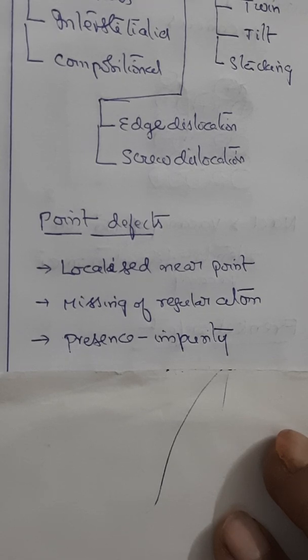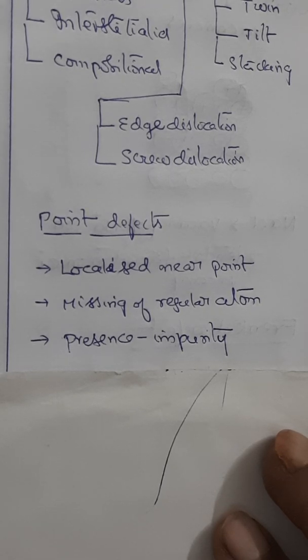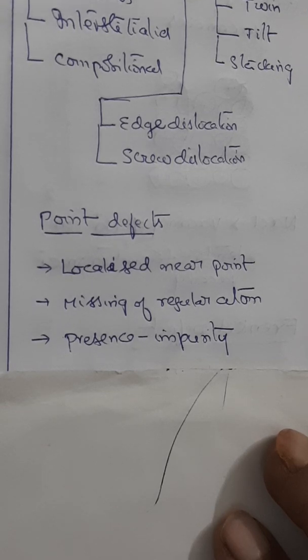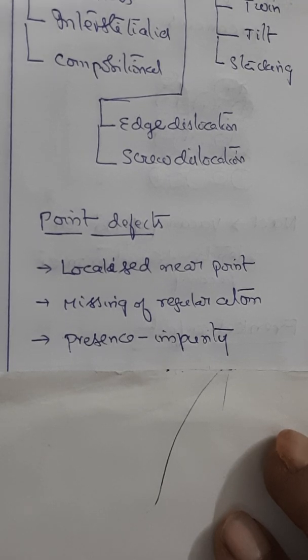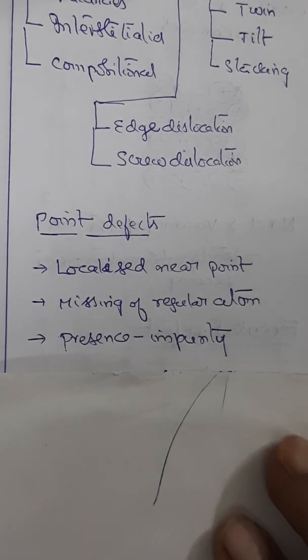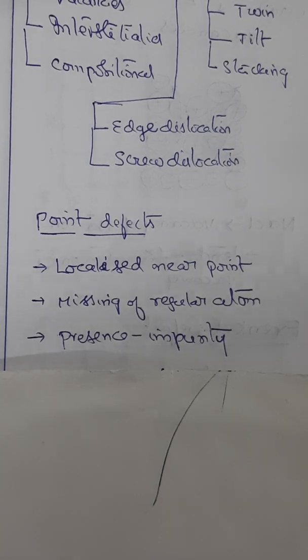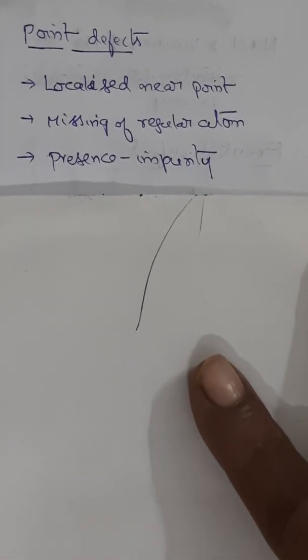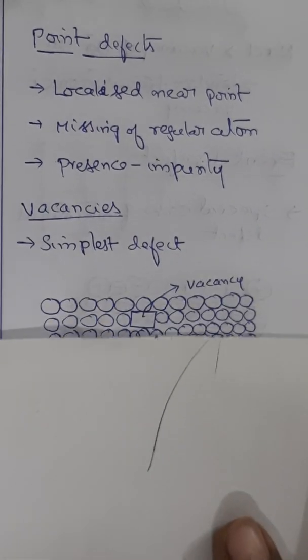When a regular atom is absent at its periodic position or present at an irregular position, it creates a point defect. The point defect may also be due to the presence of impurity atoms in the crystal. Point defects occur in metallic and ionic crystals also. Again, point defects are classified into various types, like vacancy. So let us understand the vacancy type of point defect.